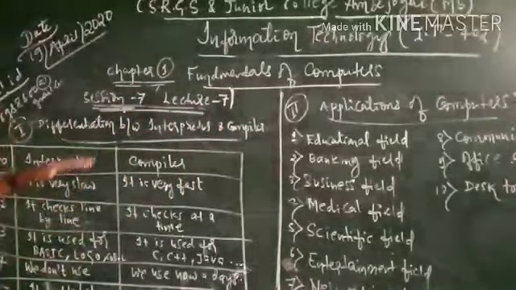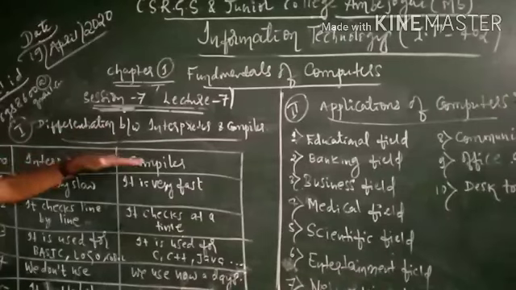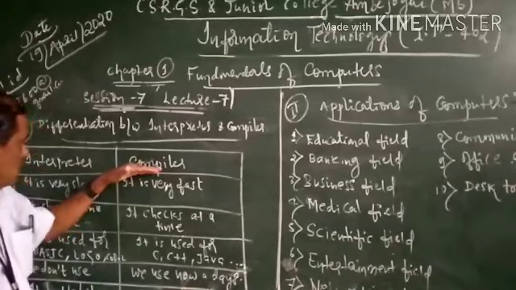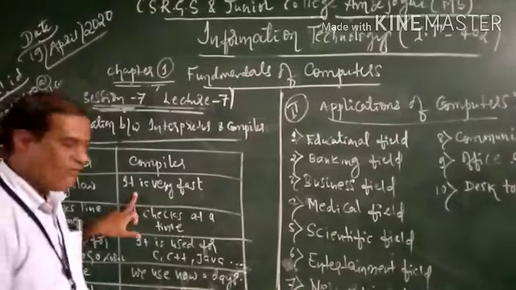Now the differentiation between interpreter and compiler, as we already defined with the diagram. The interpreter is a language translator which converts HLL into MLL and back. The compiler is also a language translator which converts HLL into MLL and back. But the first parameter in the comparison table is that the interpreter is very slow, and the compiler is very fast.